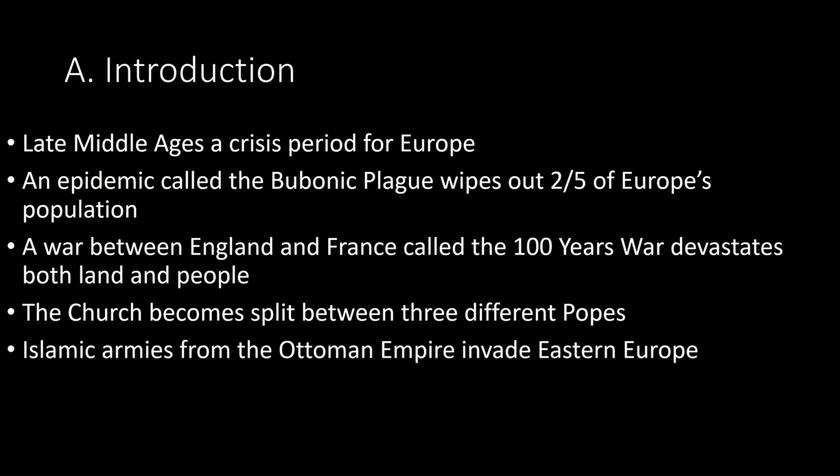And then, as if all of these things weren't crisis enough, Islamic armies from the Ottoman Empire are going to start invading the eastern part of Europe. So when I say, guys, the late Middle Ages is a crisis period for Europe, I mean it is chaos. Pause if you need to, and we're going to move on to the next slide.